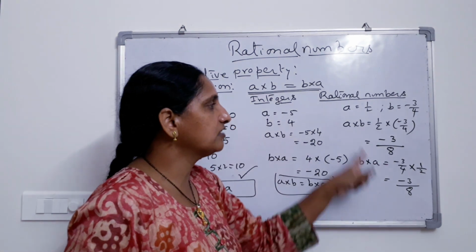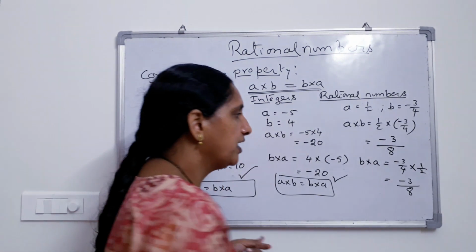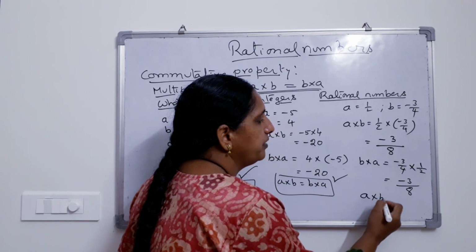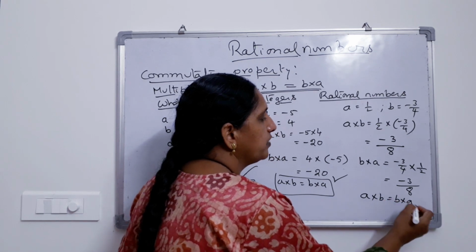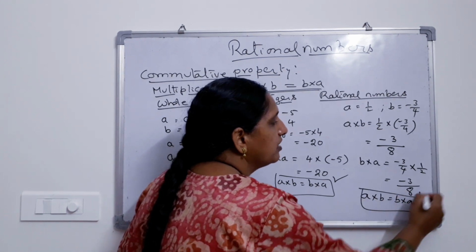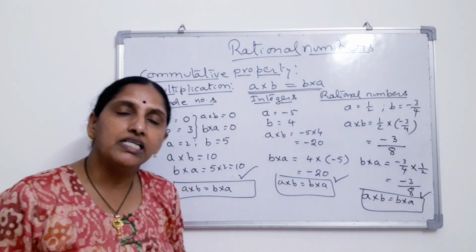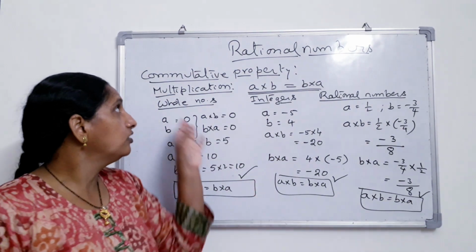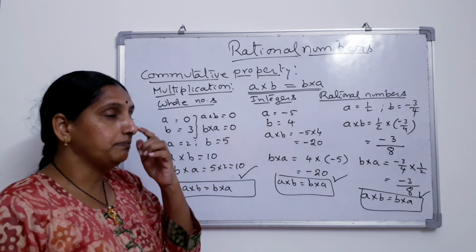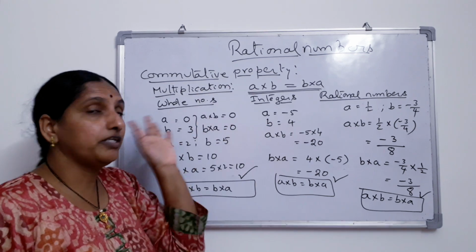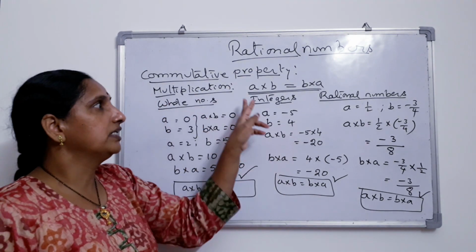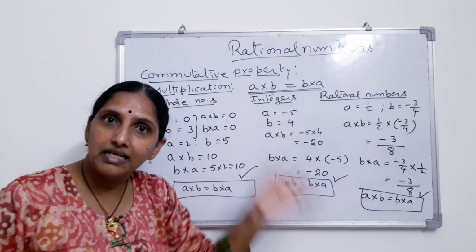So in both the cases we got the same value. Hence we can conclude a into b is equal to b into a even in the case of rational numbers. Therefore, for multiplication, the commutative property is obeyed by whole numbers, integers, as well as rational numbers.